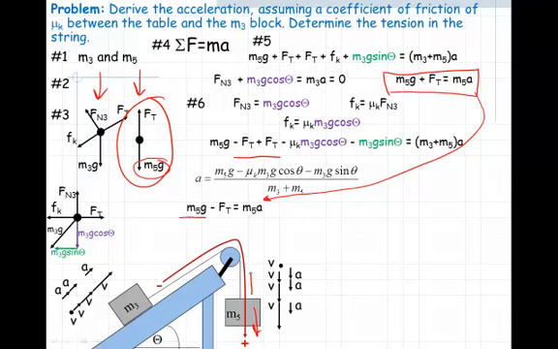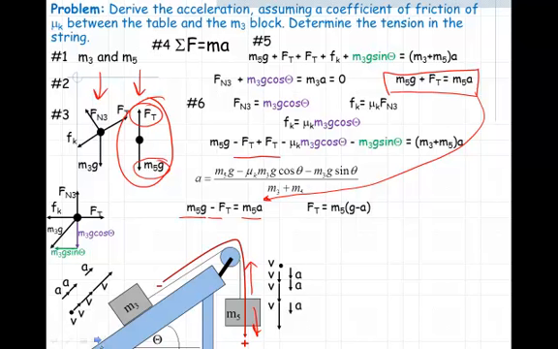The force of tension that points in this direction is negative. It is opposite the line of action, so we'll leave that in as negative. And because now we're looking at just one of the masses, specifically M5, we will only put M5 into our equation for Newton's second law.